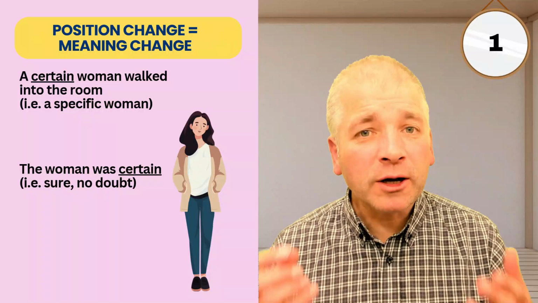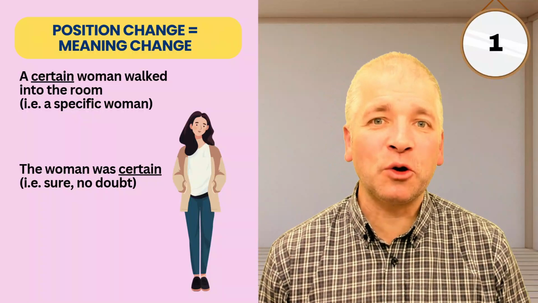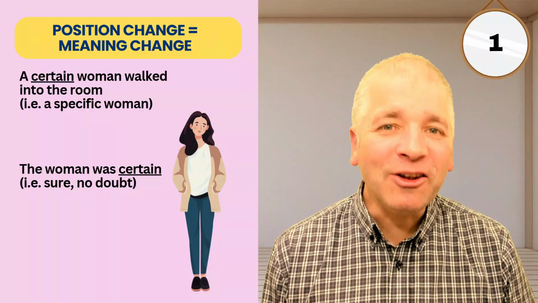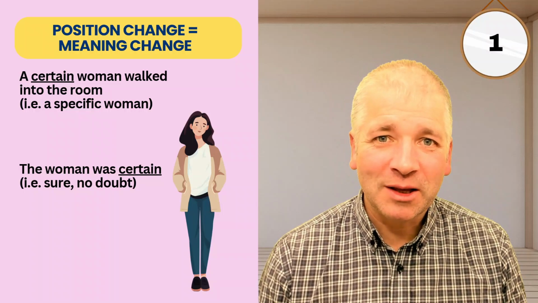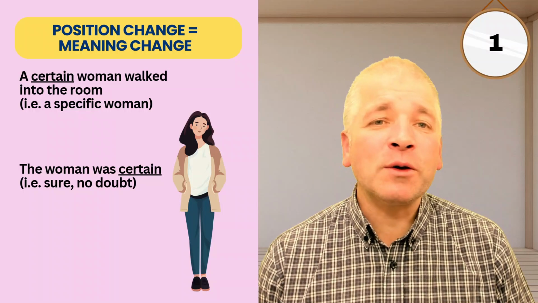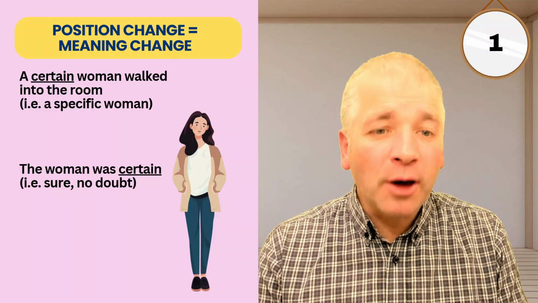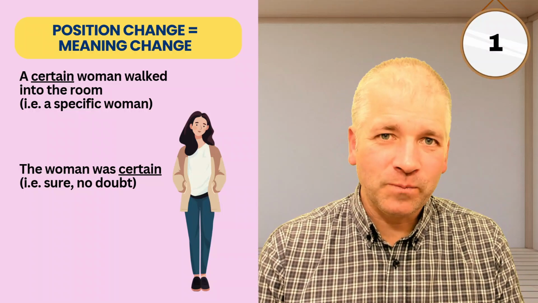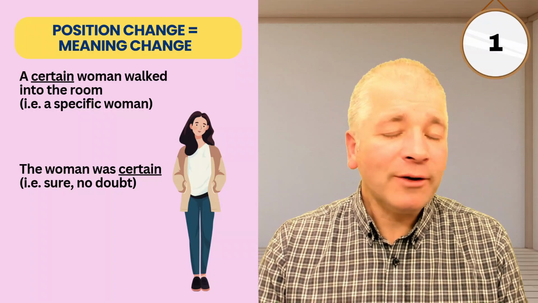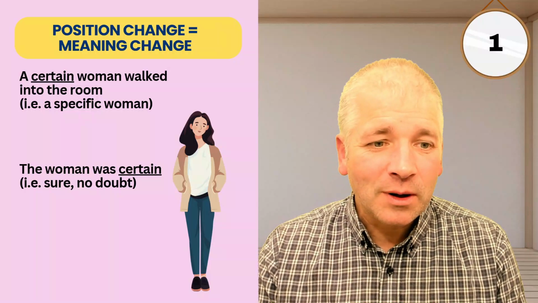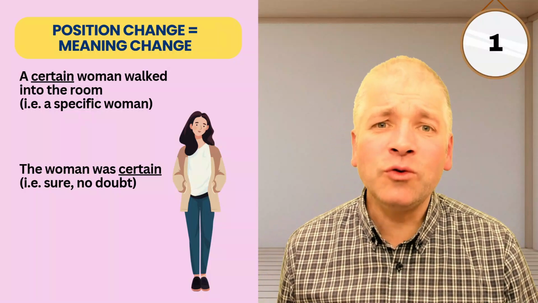And perhaps one of the most complicated things to learn is when an adjective changes meaning when it changes position. Look at the two uses of certain here. A certain woman walked into the room. That means a specific woman. And the woman was certain. That means that the woman had no doubts.